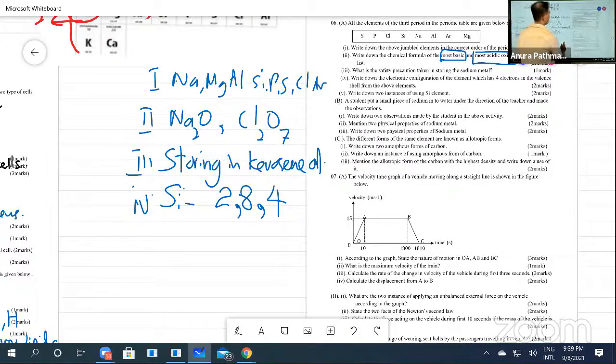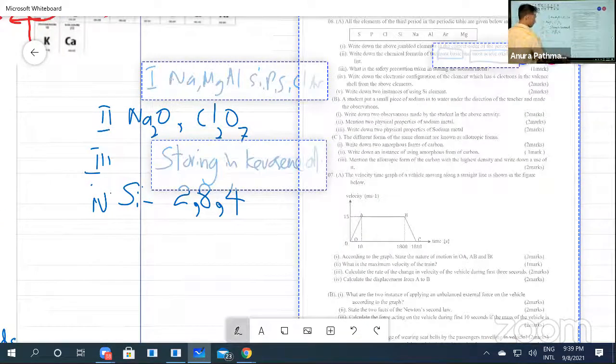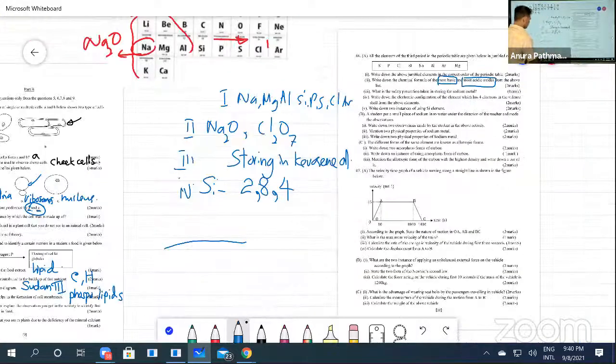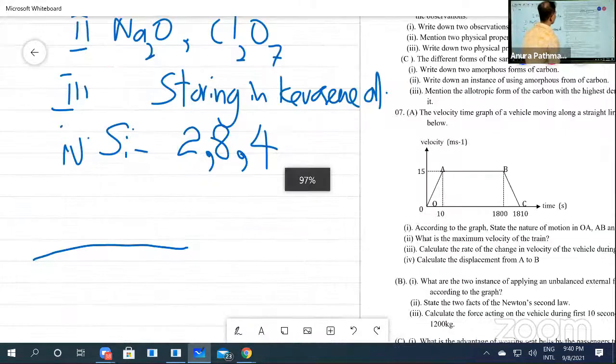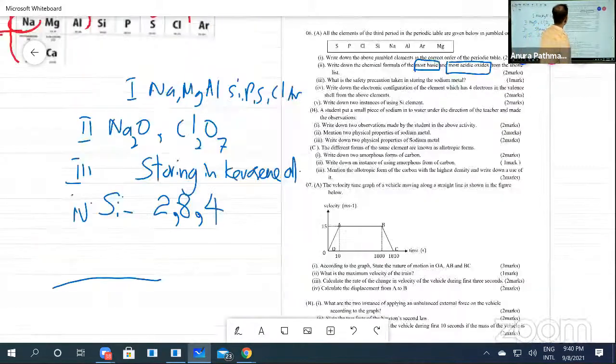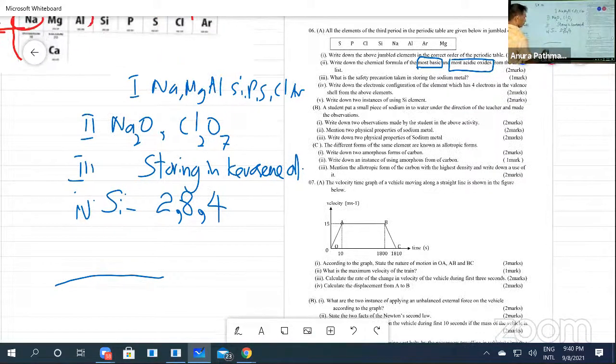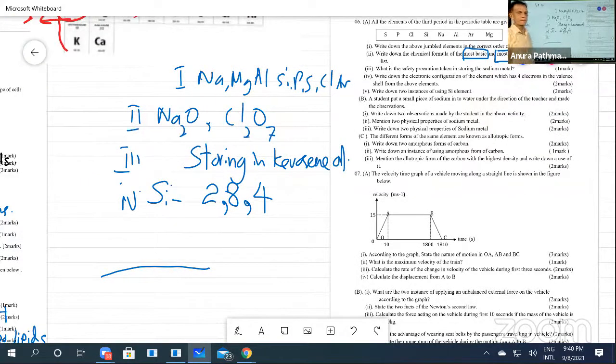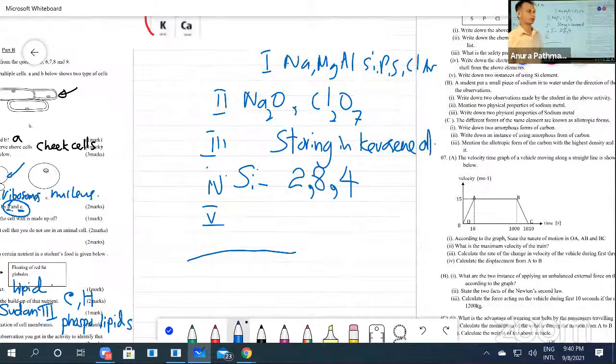What's your next one? Next question. The space is not enough. Write down 2 instances of using silicon element. For computer parts, to make computer equipment. Transistors and diodes.